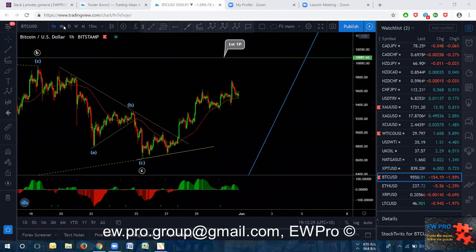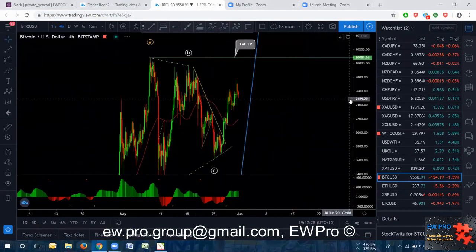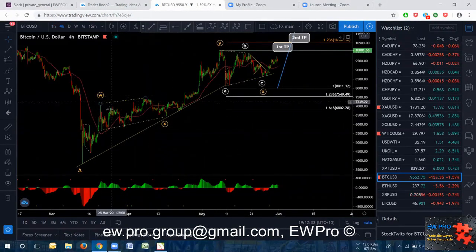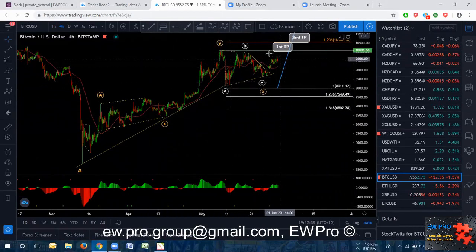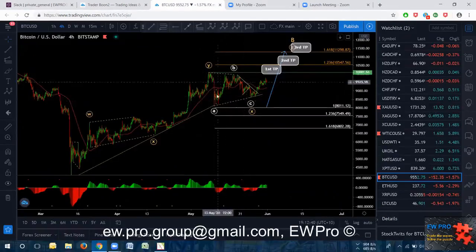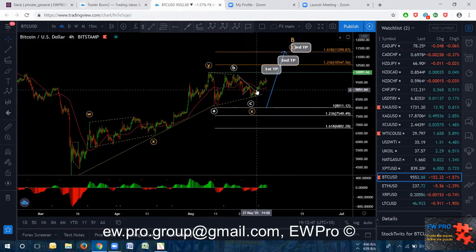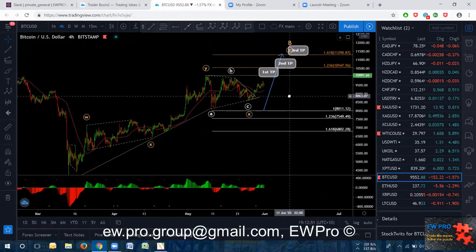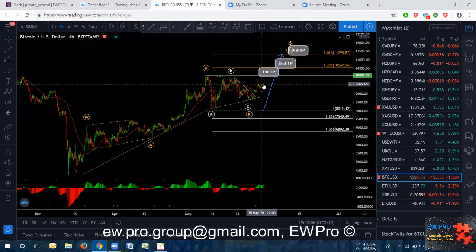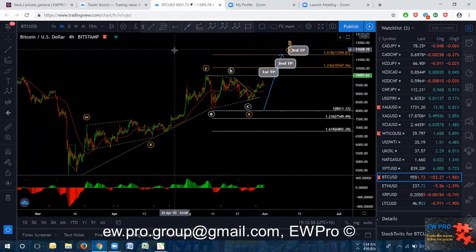Because if we have a look at H4, we got this correction here, and I'm looking for a correction here. Now, this was a contracting flat in here. That's how I had it. I said in that idea that it's a dangerous, pretty risky trade to take, because this here can become a larger structure before we get this Z up.